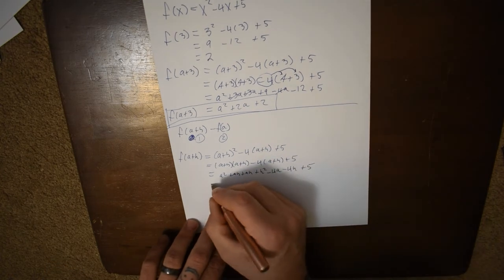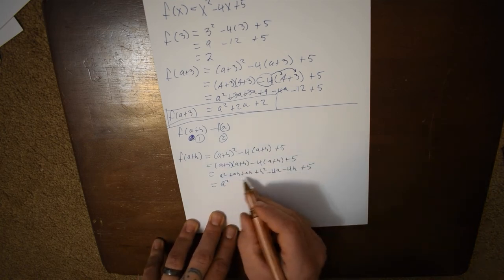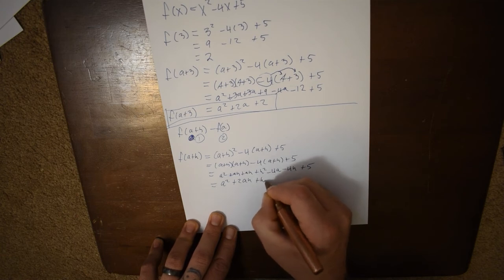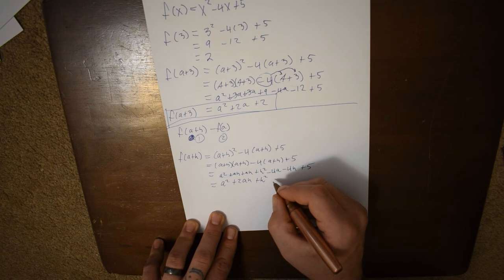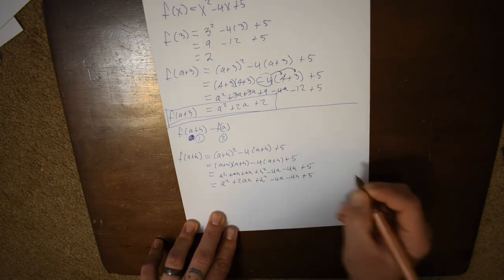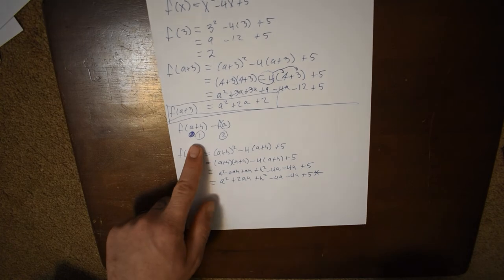You always want to gather your like terms. So we get an a squared plus 2ah plus an h squared minus 4a minus 4h plus 5. And then we will put an asterisk next to that because we're going to use it again. So that's our first part.